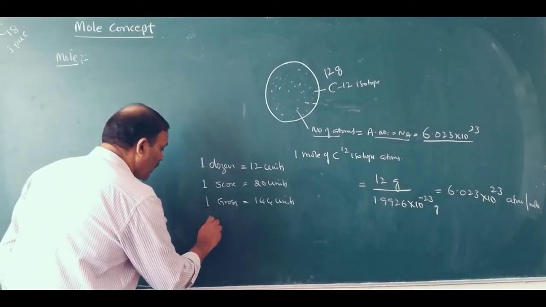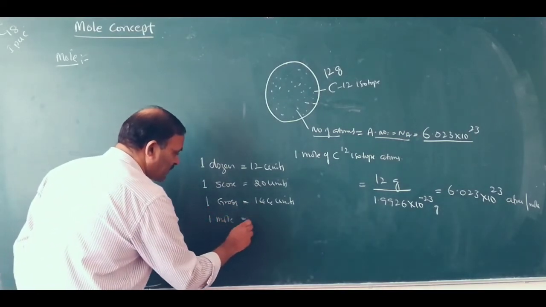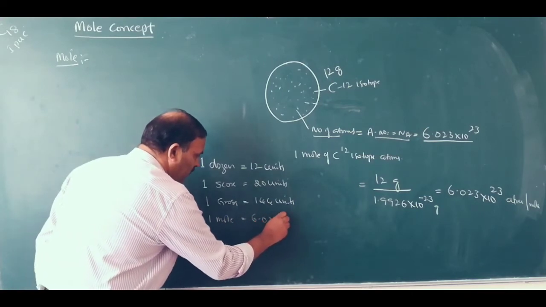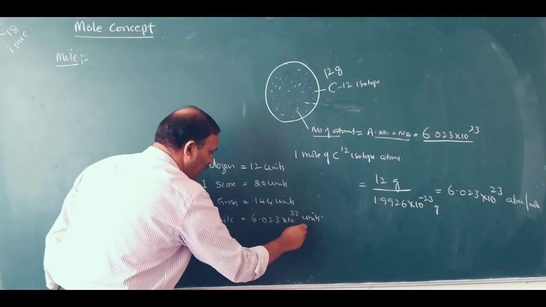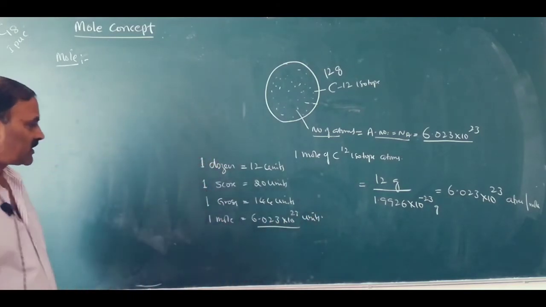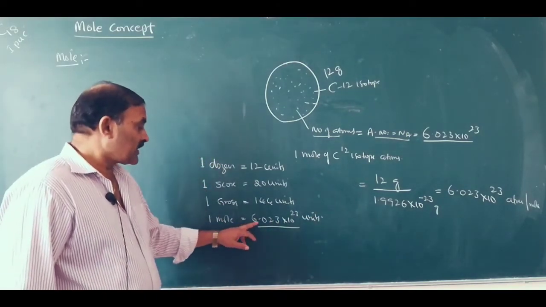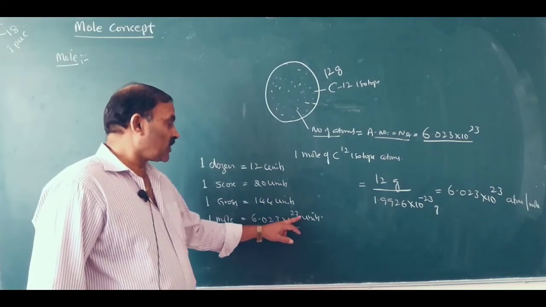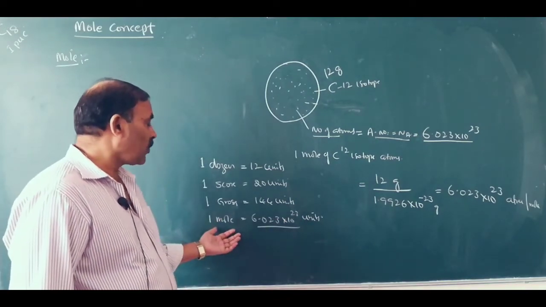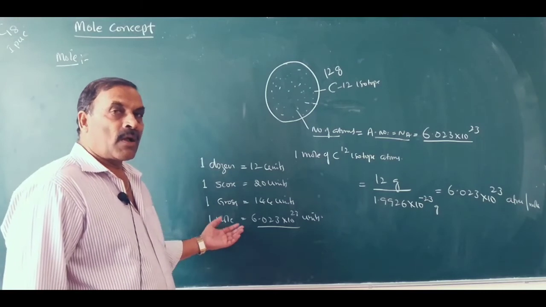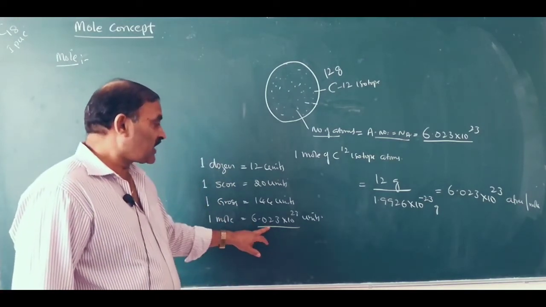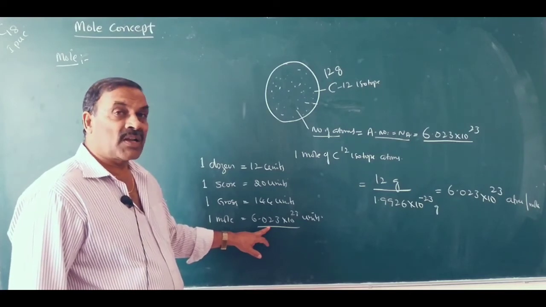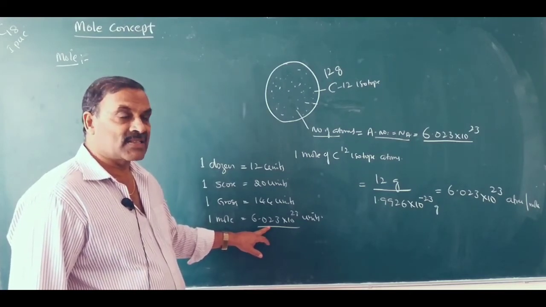Similarly, 1 mole represents 6.023 into 10 to the power of 23 units. Then what is a mole? Mole is the amount of substance which contains Avogadro number of particles.